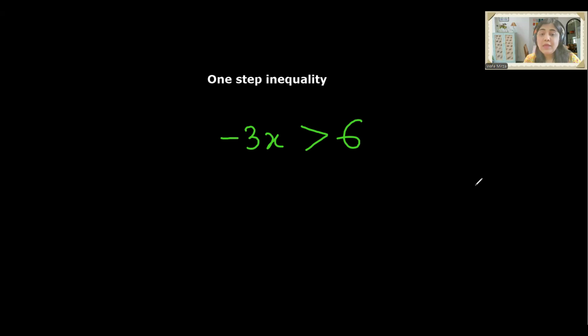Whenever you are solving an inequality, you want to get rid of any number with x. So in this case, I want to get rid of this minus 3. To do that, on both sides of the equation, I will divide by minus 3.